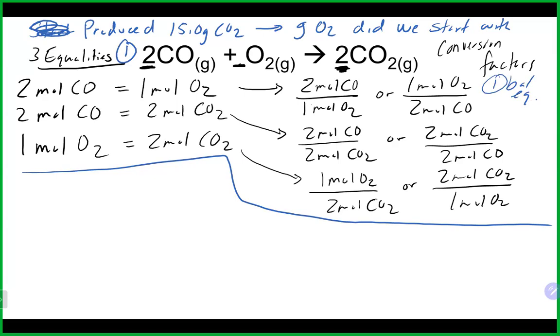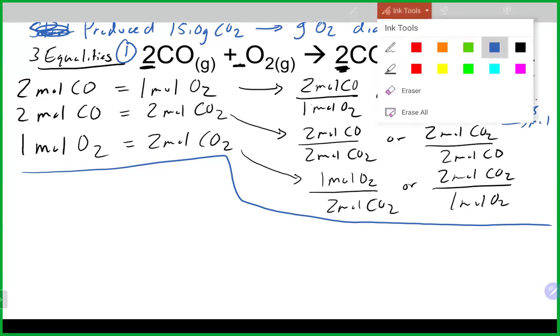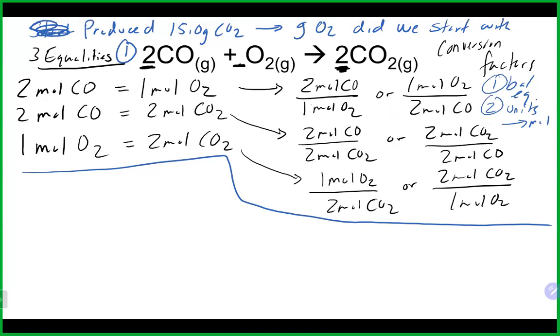So we go to step number 2, which is to take whatever units you have and convert to moles. The only actual number I have in my problem is which number? That is 15 grams of CO2, and my next step at step number 2 is to get those to moles.